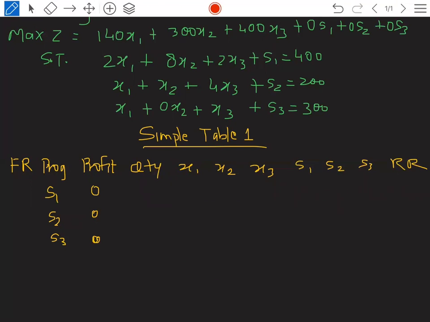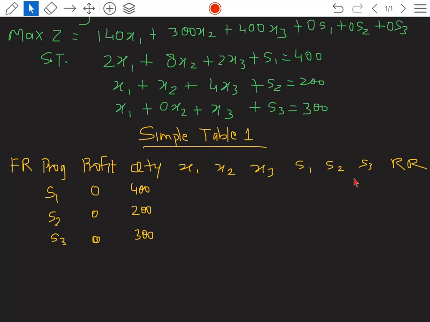Quantity: we know that in the first simplex table, all the resources are idle. Therefore, it's going to be 400, 200, and 300. Post that, we have to fill up the main body of the table, and we know these numbers are simply the sacrifice ratio between the program variable and the column heading variable.